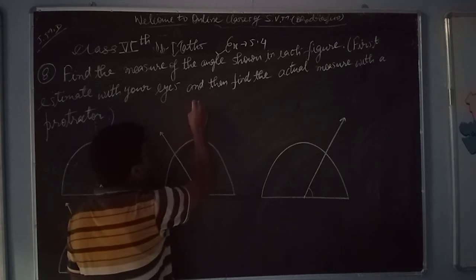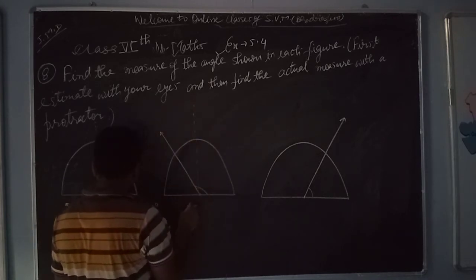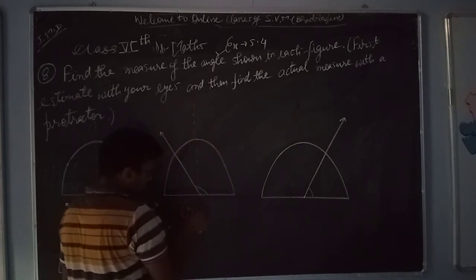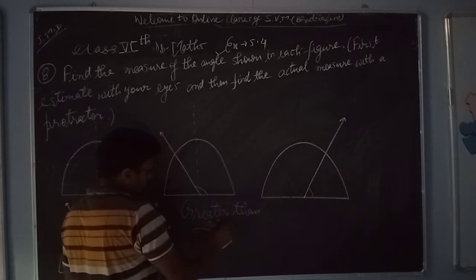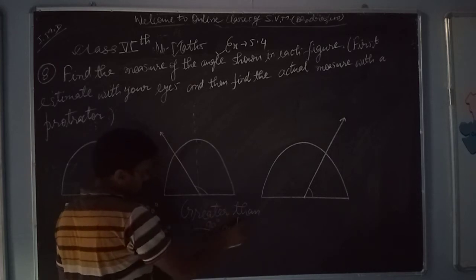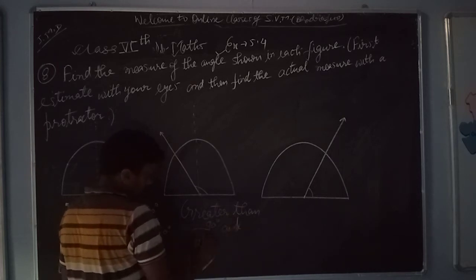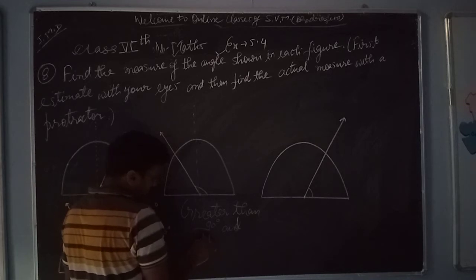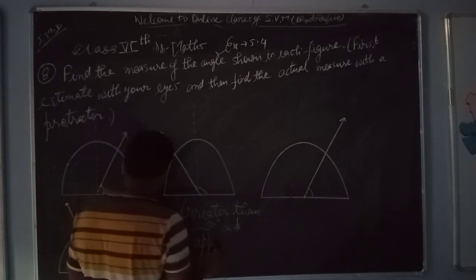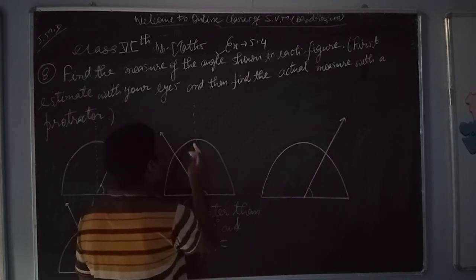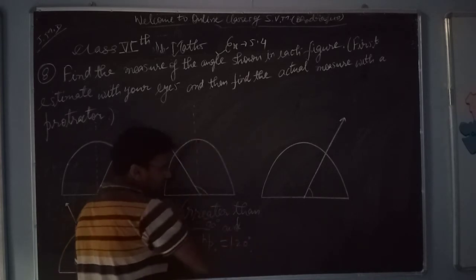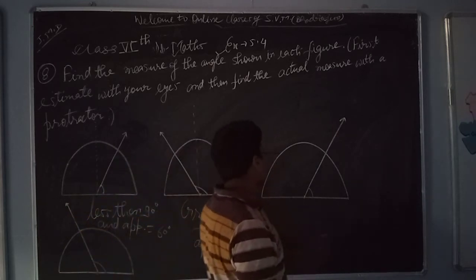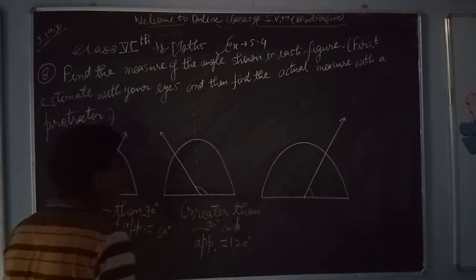Now this angle is just greater than 90 degrees, approximately 120 degrees. This one is greater than 60, and this one is greater than 120. This is less than 90 degrees, because it is clearly visible, and approximately more than 60 degrees.